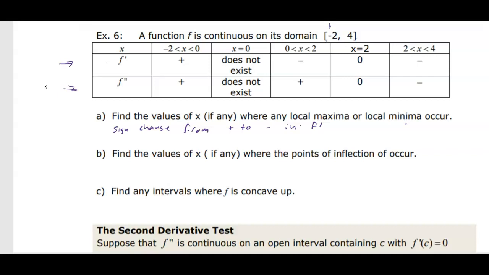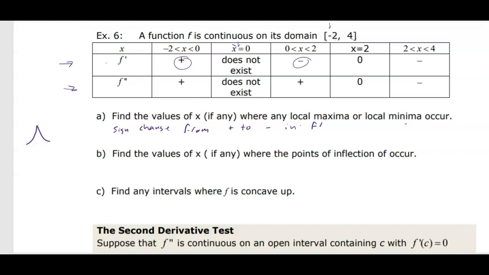So the first derivative is positive there, but at x equals 0, it doesn't exist. And then it's negative. Now that could be some sort of a point. So the function's continuous there, so you know that point exists. It's not a vertical asymptote, because we're told the function's continuous from -2 to 4. But you could have a sharp point, which would mean the derivative doesn't exist.